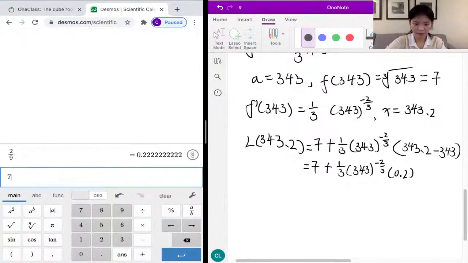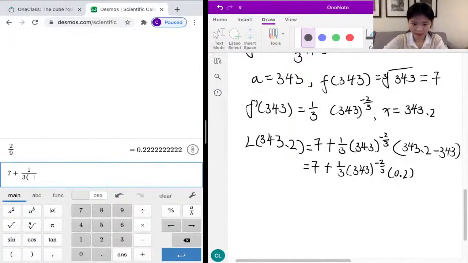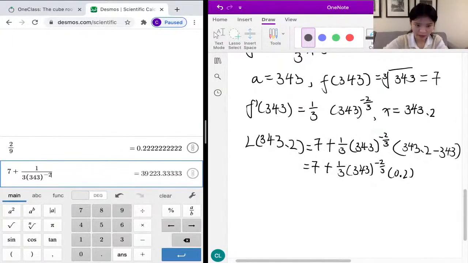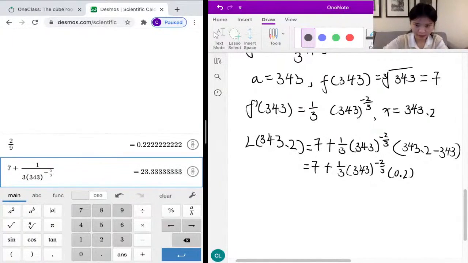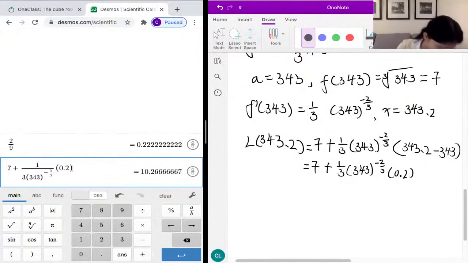So we want to find 7 plus 1 over 3 times 343 to the power of negative 2 over 3 times 0.2. Oh, whoopsie. And our answer would be 10.26666. Let's just write it down.